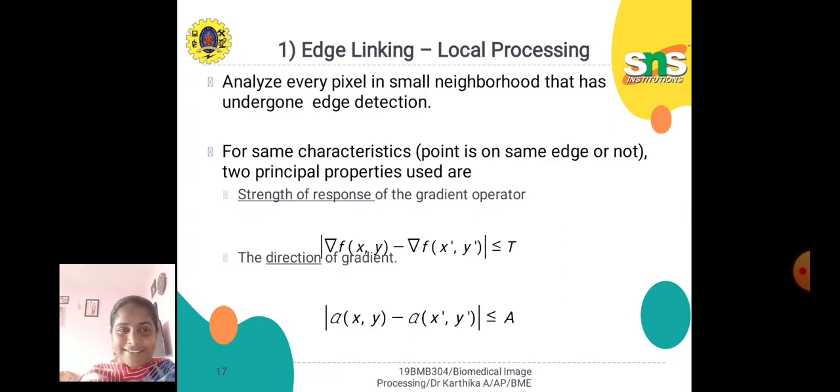See here, modulus of del f of (x,y) minus del f of (x',y') is less than or equal to T. For the direction of gradient, we have modulus of alpha of (x,y) minus alpha of (x',y') is less than or equal to A. For this edge linking, we consider local processing with the strength of response of the gradient operator and the direction of gradient.